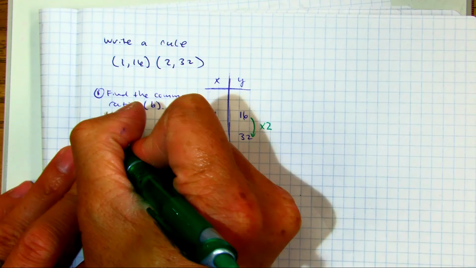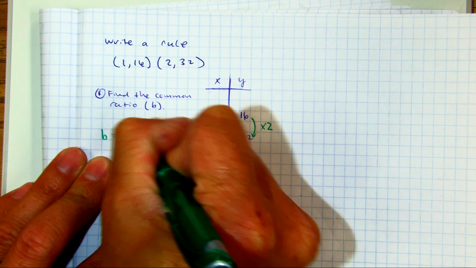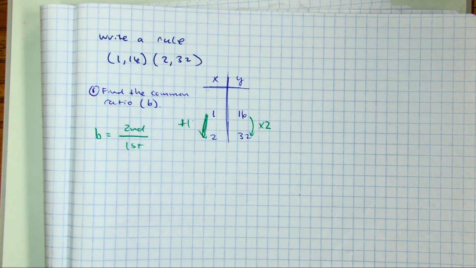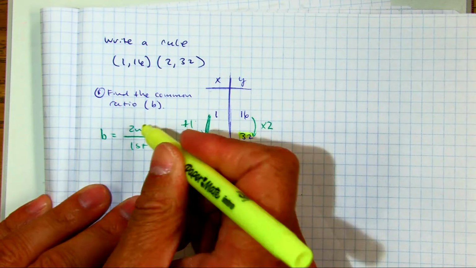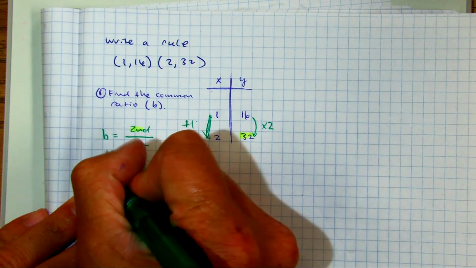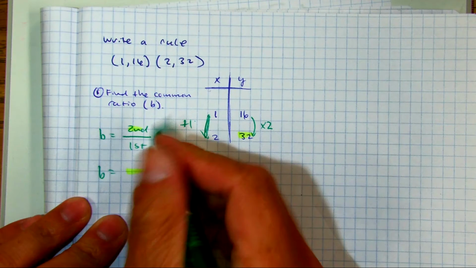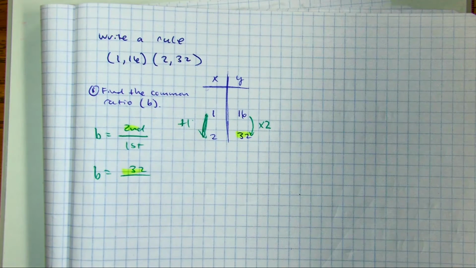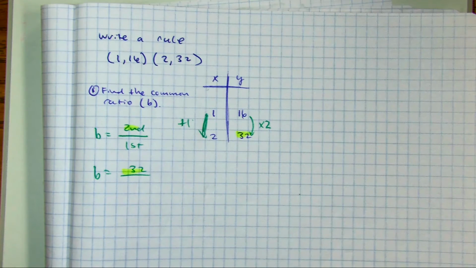To find the B value, you can also do the second over the first. Second number over the first. Class, what's my second number? And what's my first number? 16.